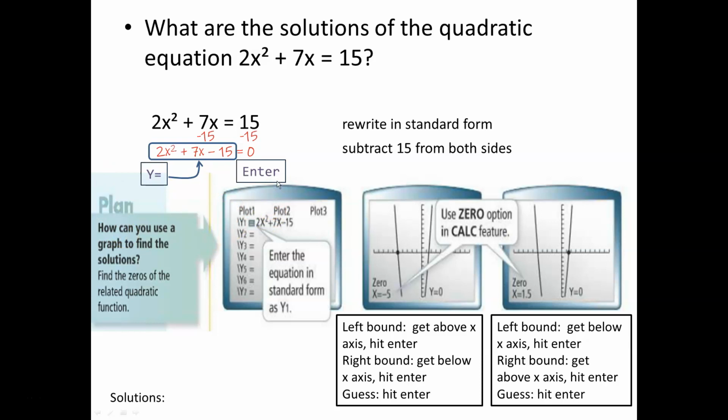So now it's in your y equals, just like this. You've hit enter. Next thing you're going to do is you're going to hit the second button. It's the little blue button above the green alpha button in the top left corner. Then you're going to hit the trace button, which is the 4th button from the left at the very top. And in little blue letters, it says calc.